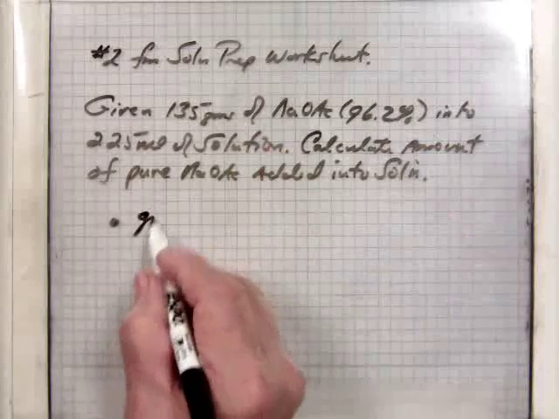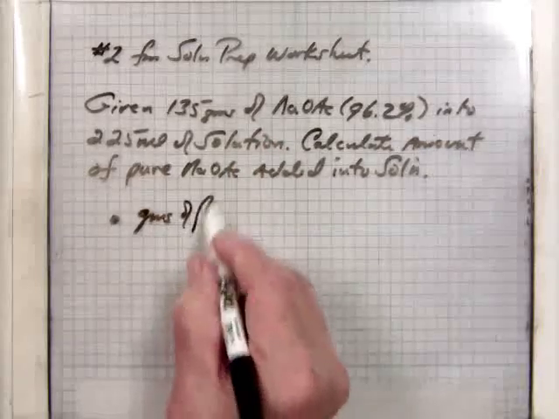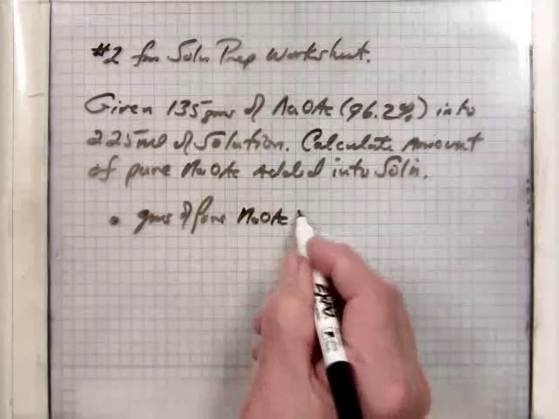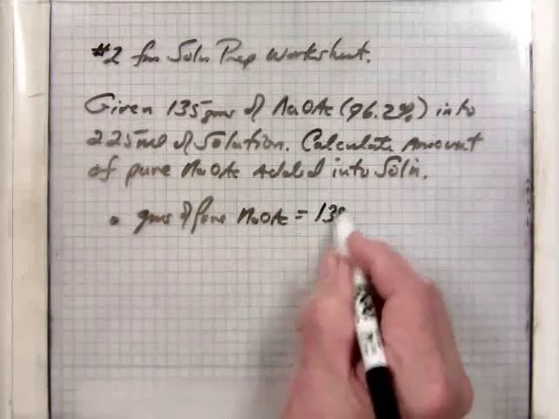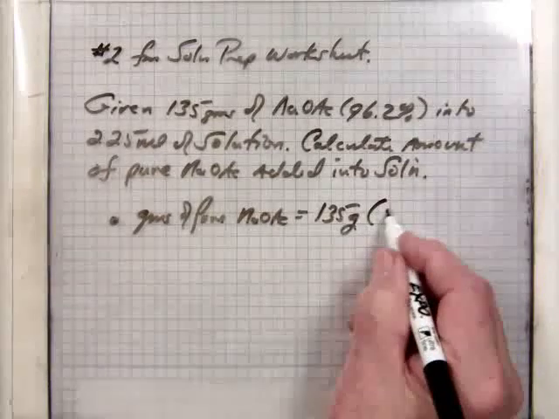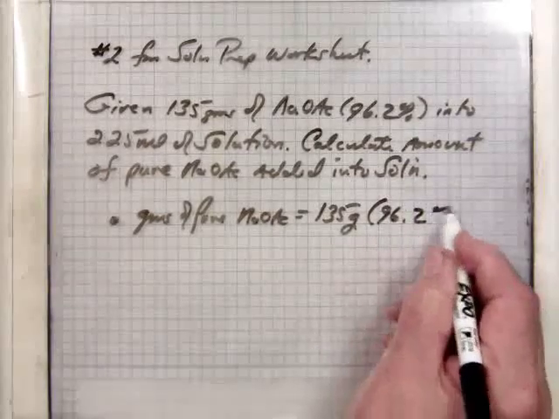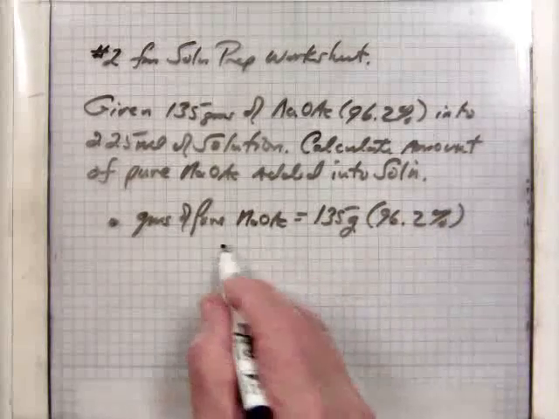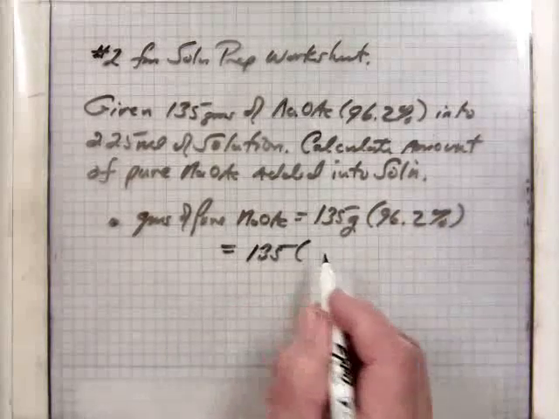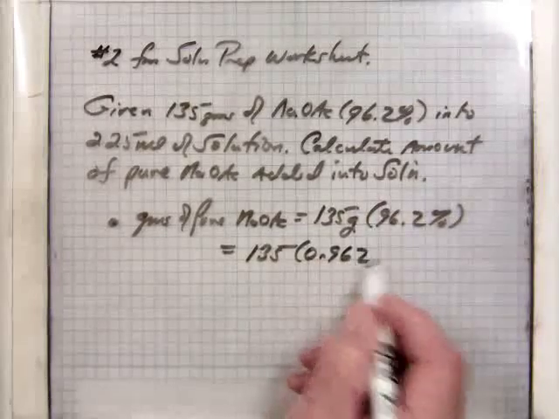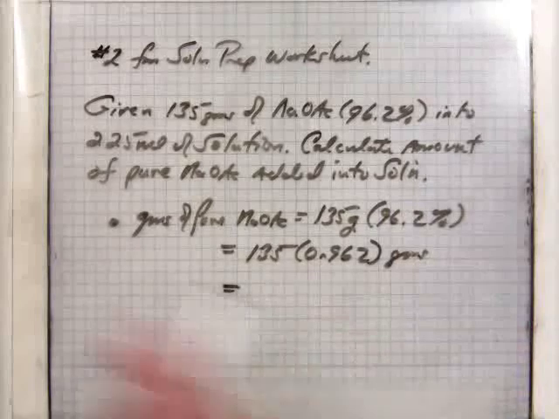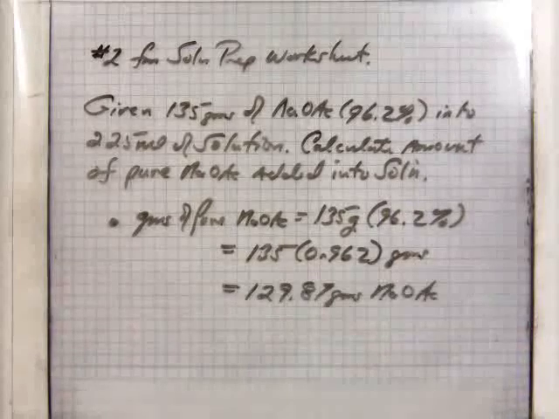So grams of pure NaOAc is equal to 135 grams times 96.2%, or 135 times 0.962, which is 129.87 grams of the NaOAc.